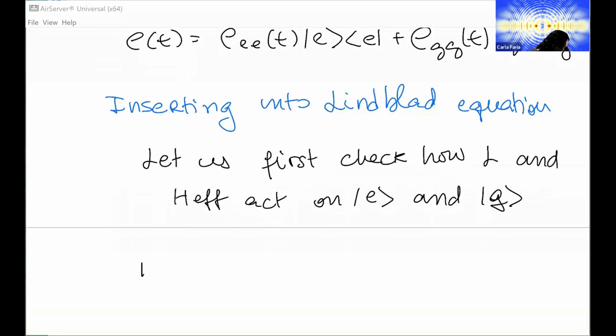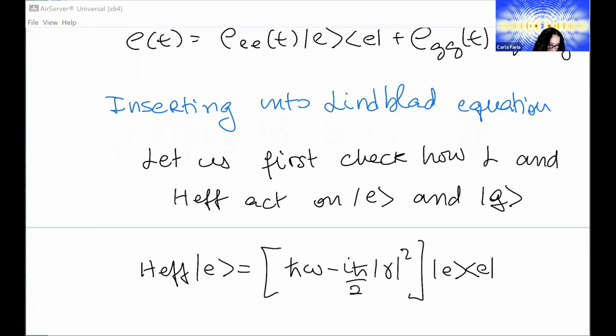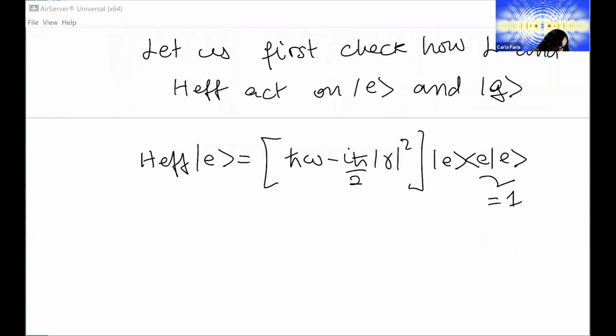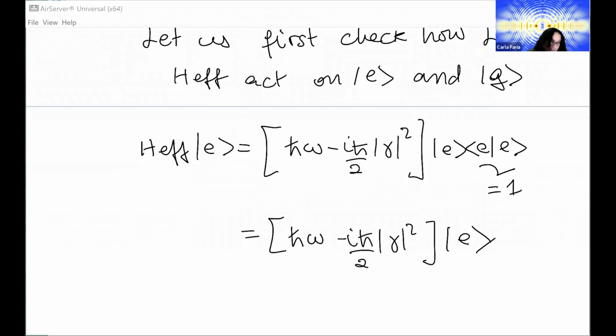So we apply H effective to E. You're going to have (ħω − iħ/2 |γ|²) |E⟩⟨E| applied to |E⟩. So ⟨E|E⟩ is equal to 1 because the basis is orthonormal. So you basically find that this is (ħω − iħ/2 |γ|²) times the excited state.